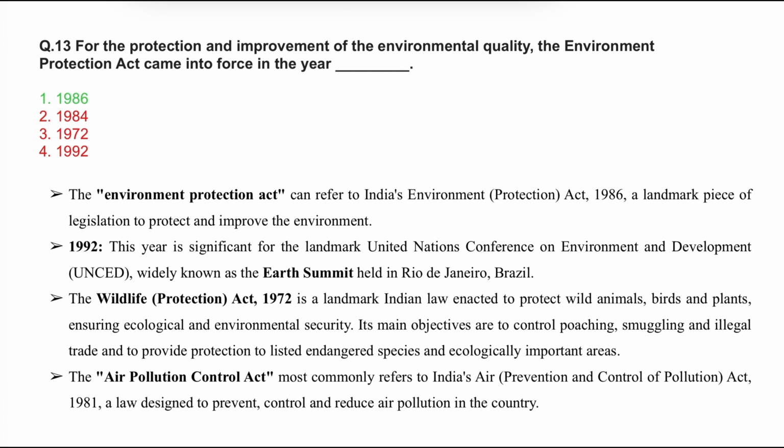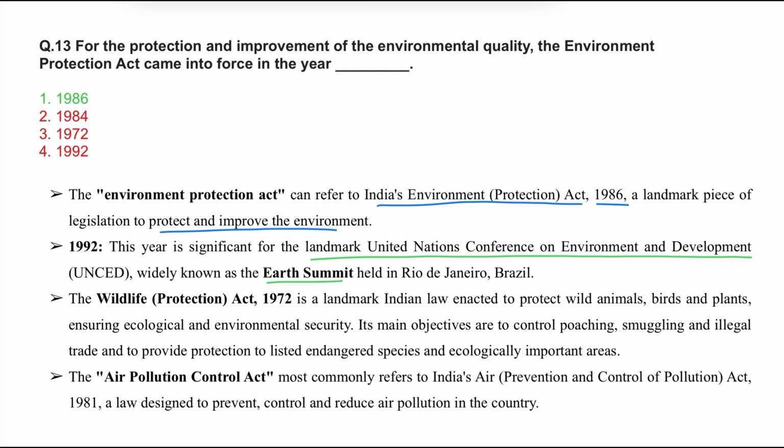Question number 13. For the protection and improvement of environmental quality, the Environment Protection Act came into force in the year 1986. The Environment Protection Act refers to India's Environment Protection Act 1986, a landmark piece of legislation to protect and improve the environment. 1992 is significant for the landmark United Nations Conference on Environment and Development, UNCED, widely known as the Earth Summit.